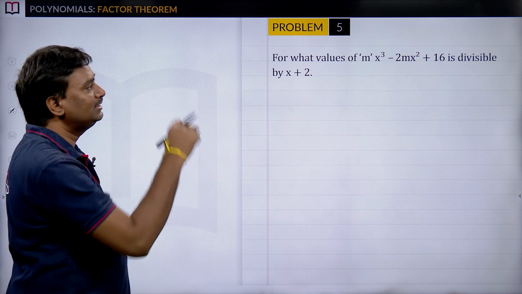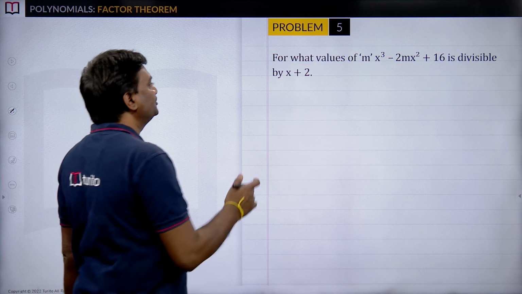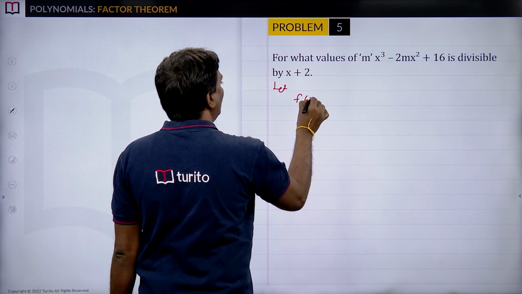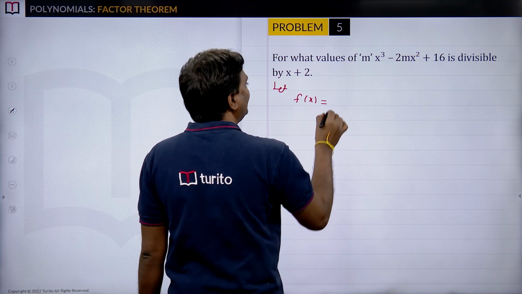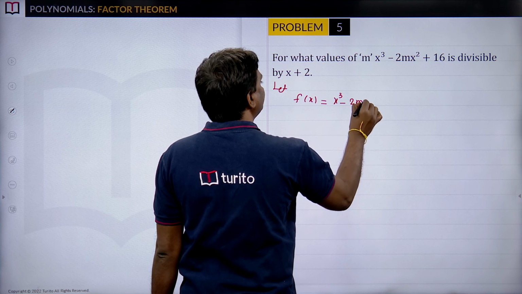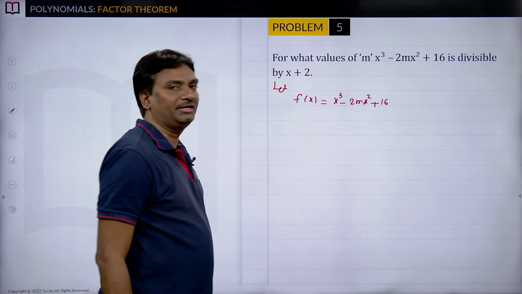So first let us take the polynomial x cube minus 2m x square plus 16 as some f of x. So f of x equal to x cube minus 2m x square plus 16.